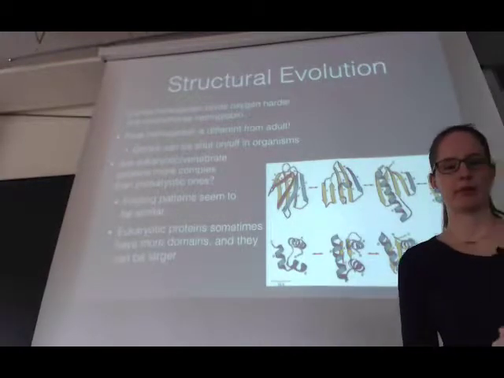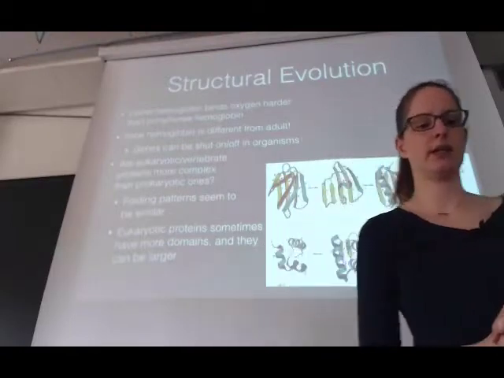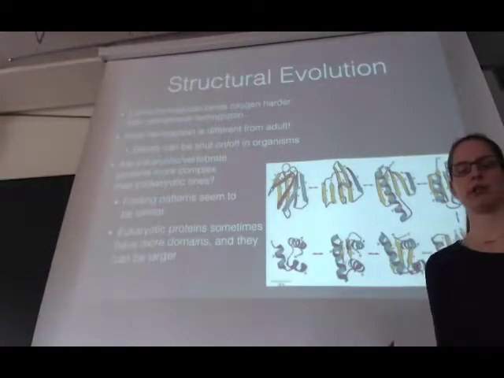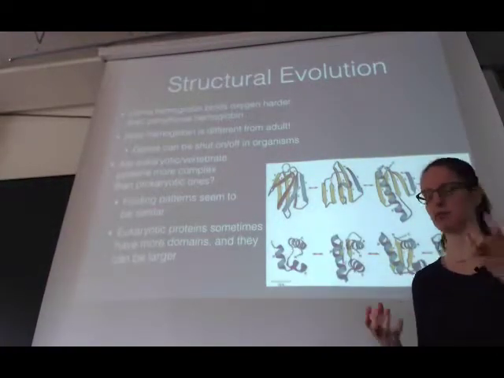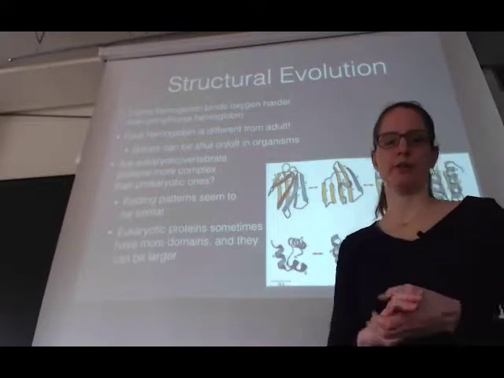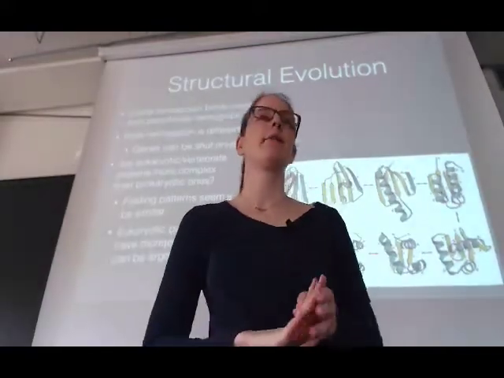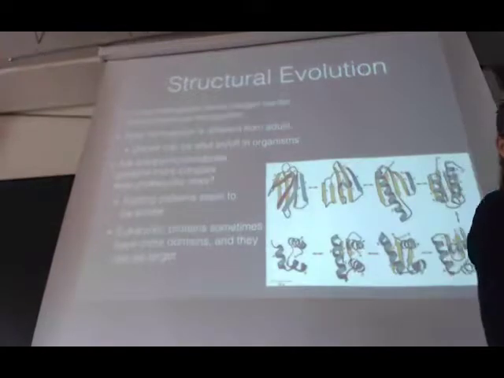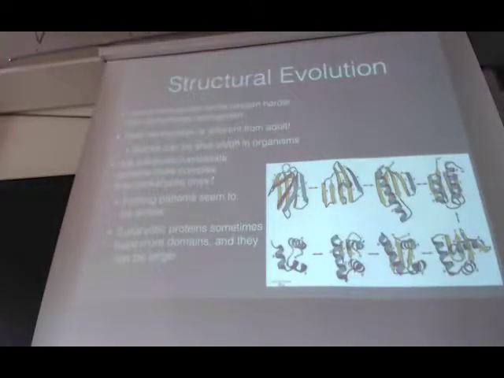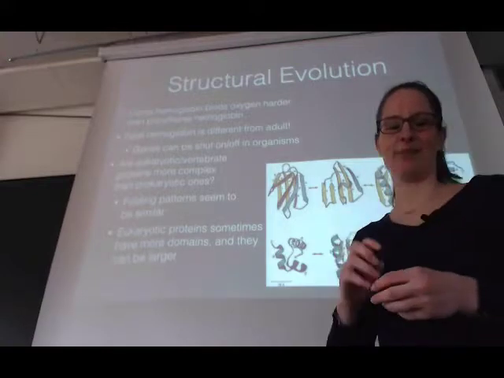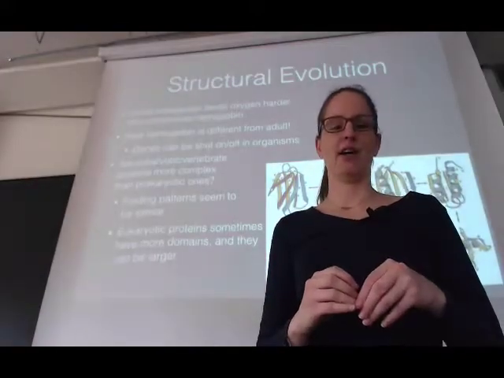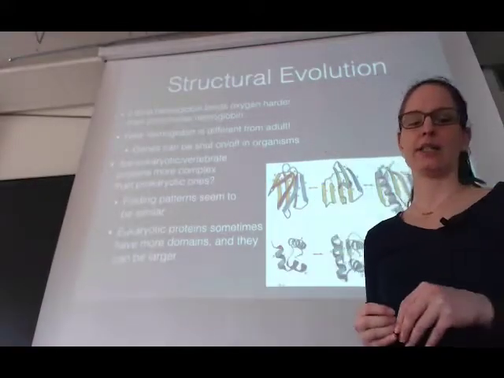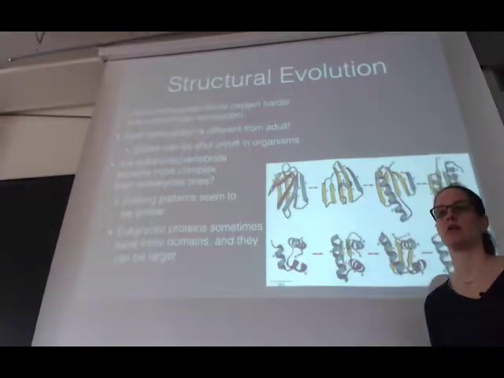And so we know that there's going to be pressure on this globin fold to perform a specific function. The example that's given in the book is: why does the llama globin bind oxygen better than the horse globin?